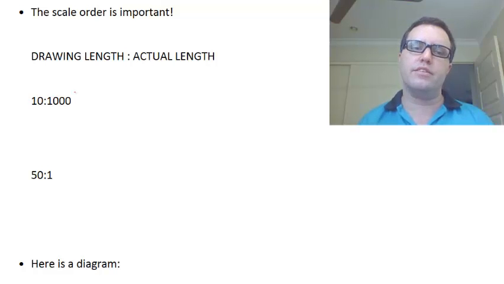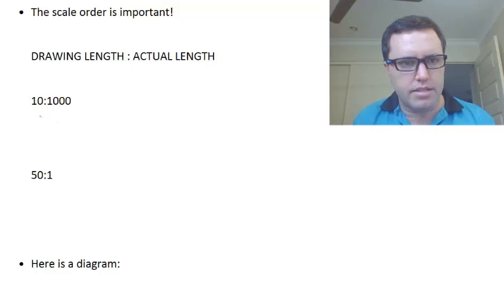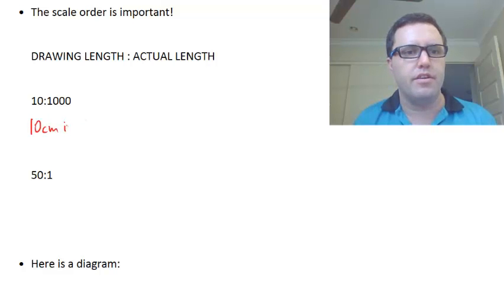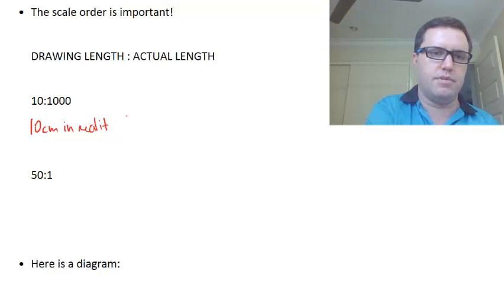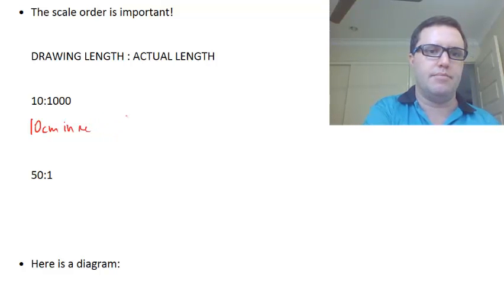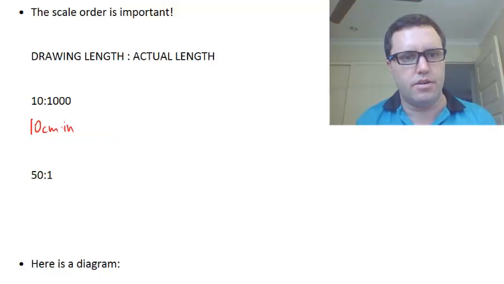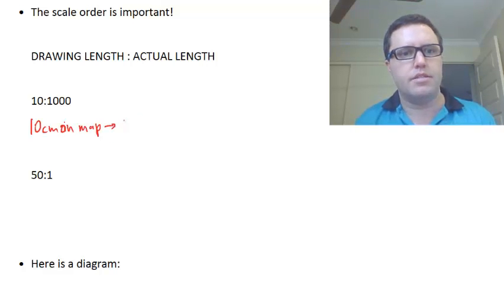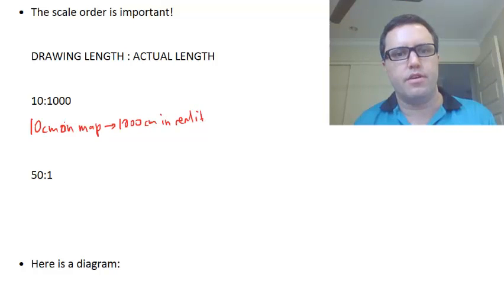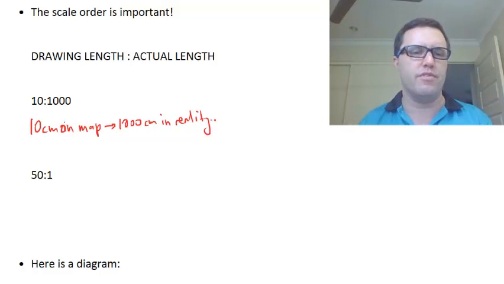If you saw that on a scale, that could be, whoops, sorry, not 10 centimeters in reality. 10 centimeters on the map is going to be 1,000 centimeters in real life. So in reality, that's an important thing for us to realize.